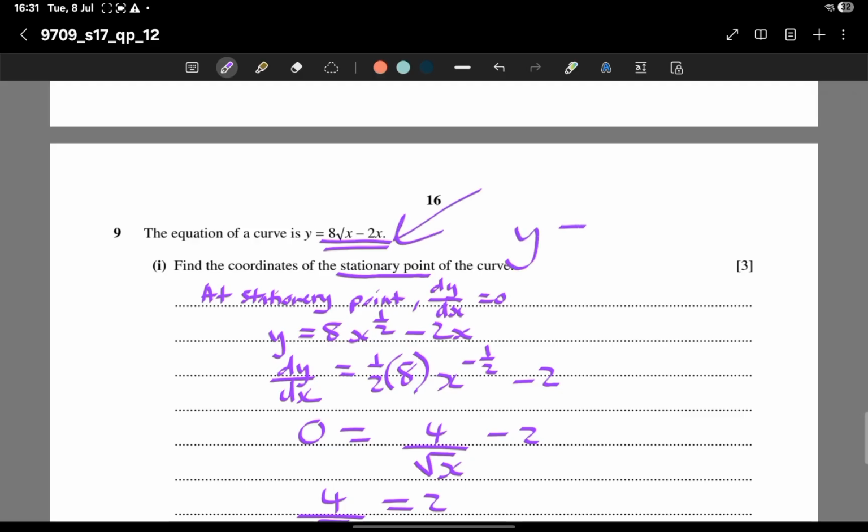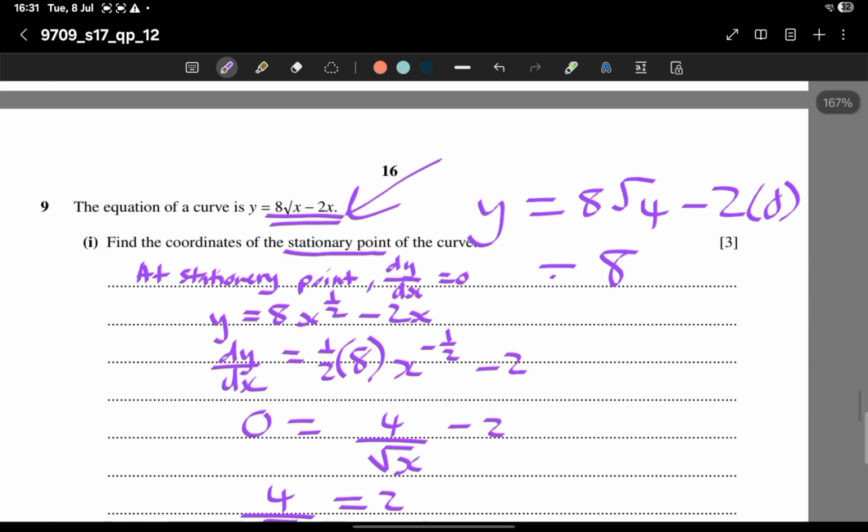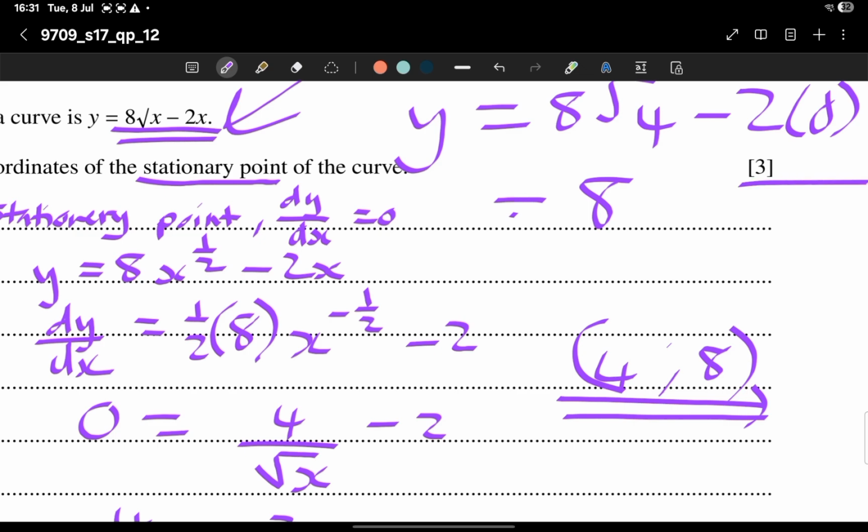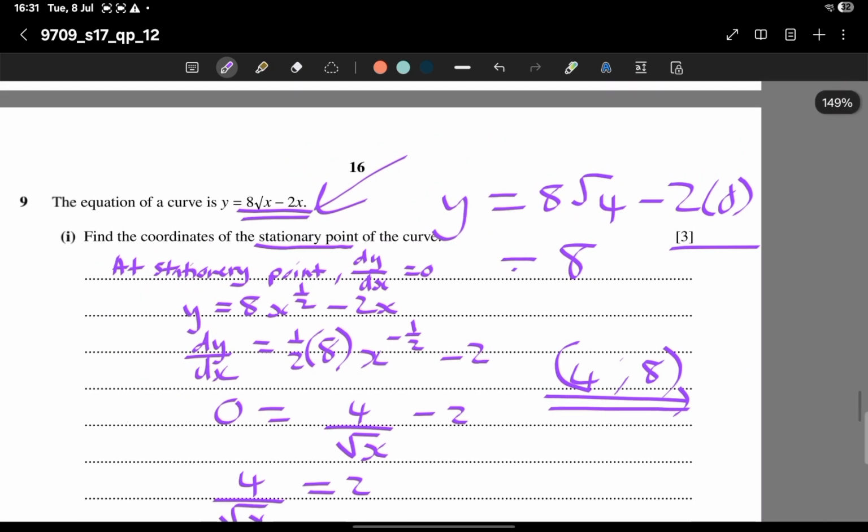So it will be y equals 8 root 4 minus 2 times 4. And if you punch this in our calculators, we get y as 8. So the coordinates of the stationary point of the curve are 4 and 8, like that, and you get your 3 marks, right?